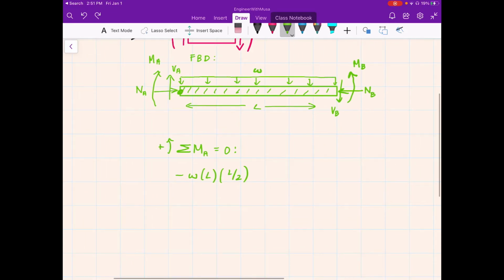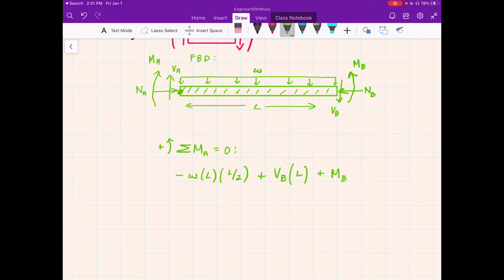The next portion is the shear at point B. We're looking at this one over here, times the length L, and that's going to give us the moment. Then we have the moment at point B, so we have to take that into account, and that one is a positive sign convention.